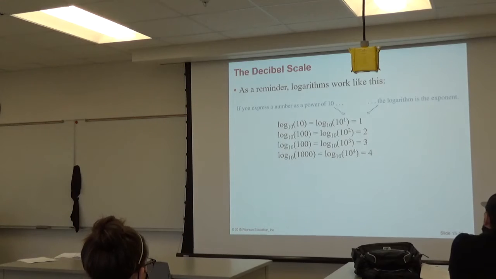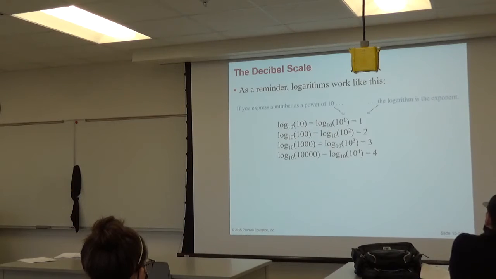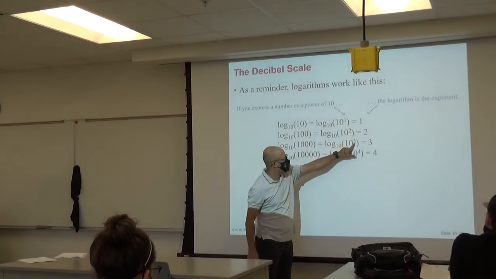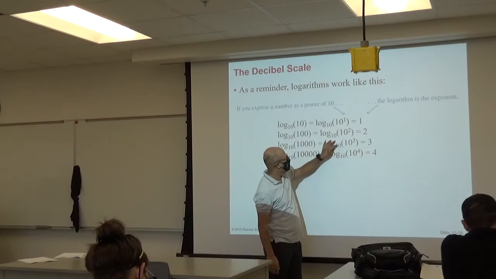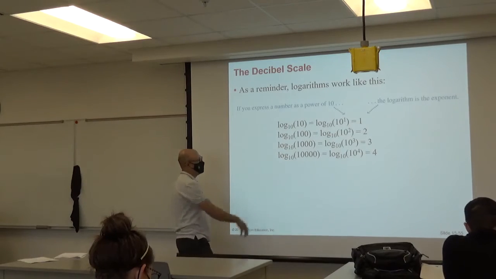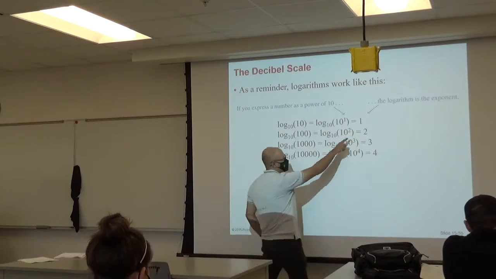So that's 1000. That's 10,000. So 1000, you have 3 zeros, so 10 to 3, and then you can cancel that and that. You have 3. Okay, so that's how you express all these numbers in logarithmic scale.